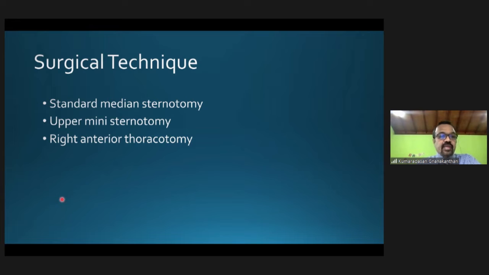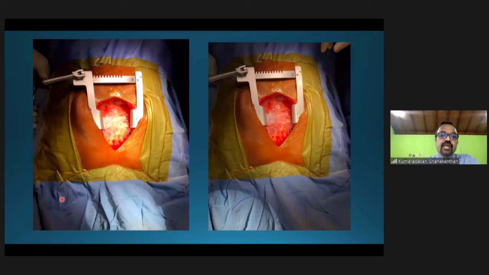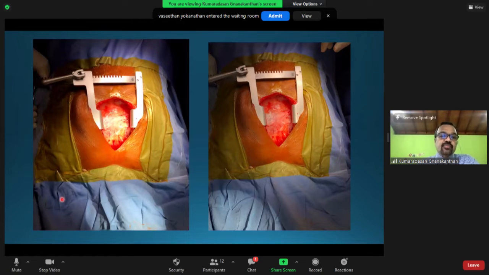I don't have any experience in right anterior thoracotomy. Here the incision usually extends from the suprasternal notch up to the xiphisternum, but depending on experience, the incision size can be smaller.